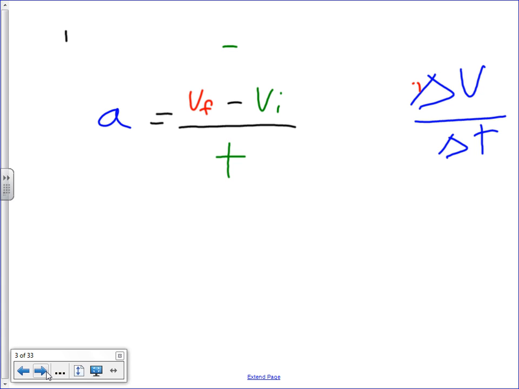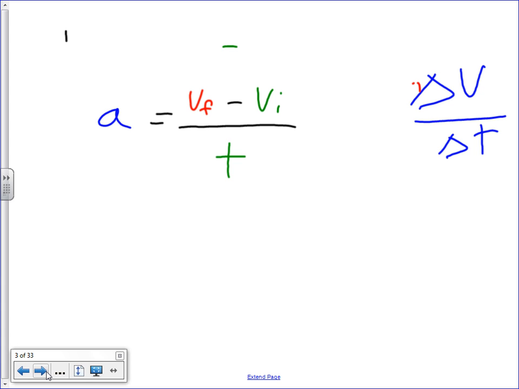Okay, manipulating this formula. If I want to manipulate my acceleration formula, right now it's set up to solve for acceleration. Here is also the point where the triangle will fail you miserably. If you have still been relying on a triangle, your pie in the sky days are over. You will now have to do algebra.